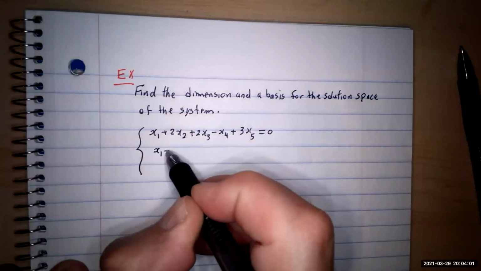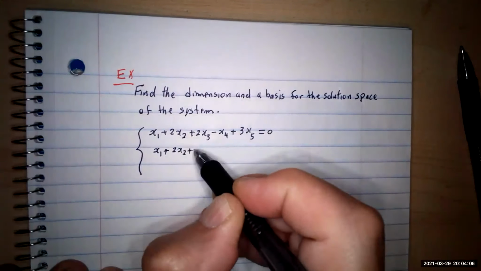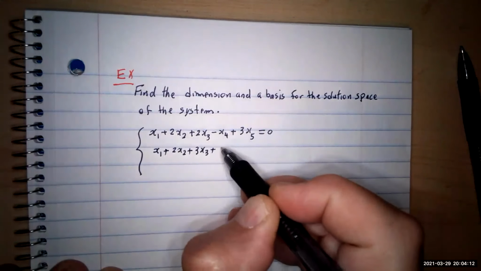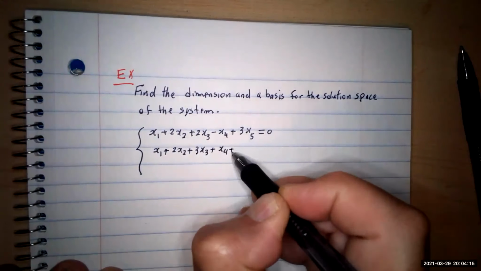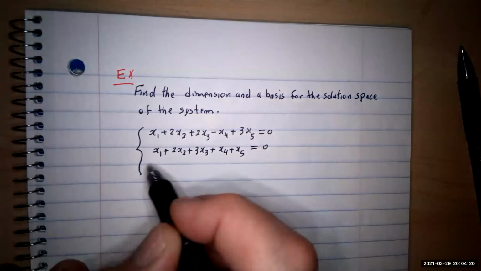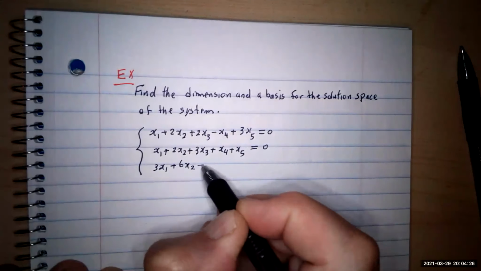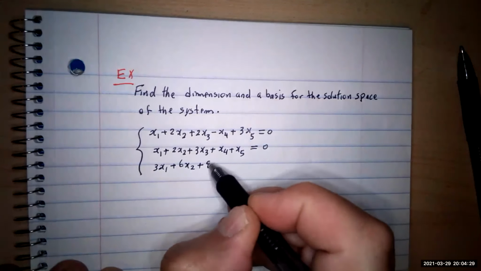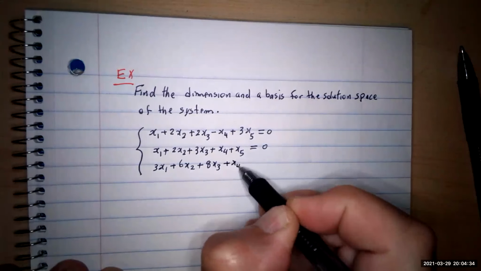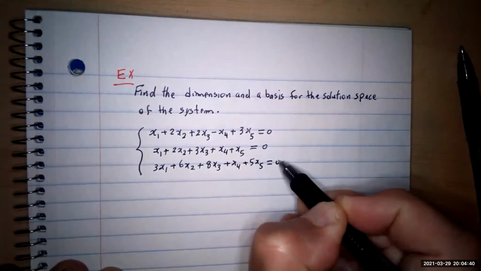The second equation is x1 plus 2x2 plus 3x3 plus x4 plus x5 equal to 0. And the third equation is 3x1 plus 6x2 plus 8x3 plus x4 plus 5x5 equal to 0.